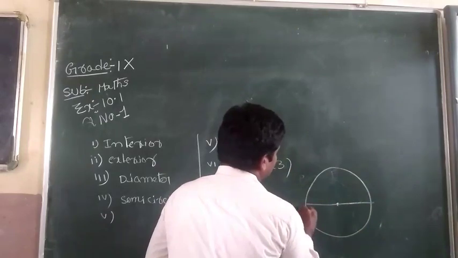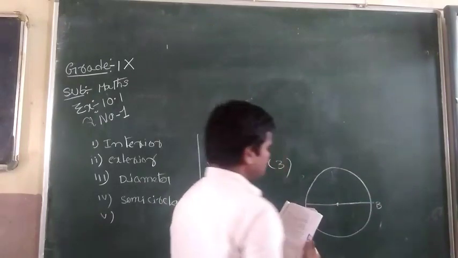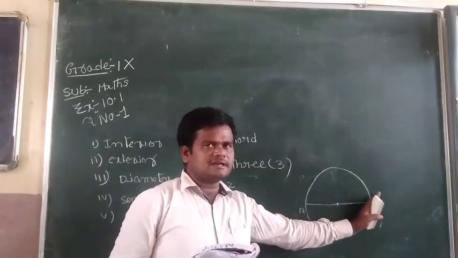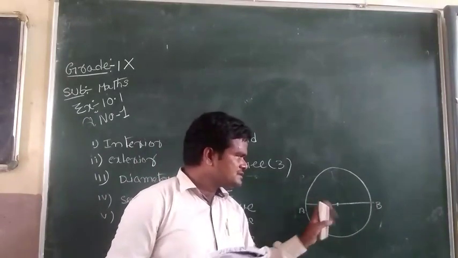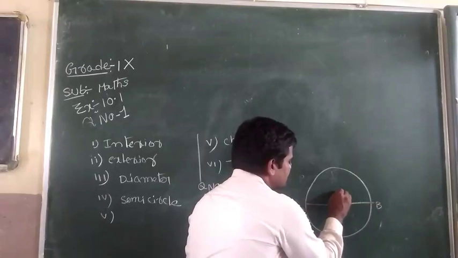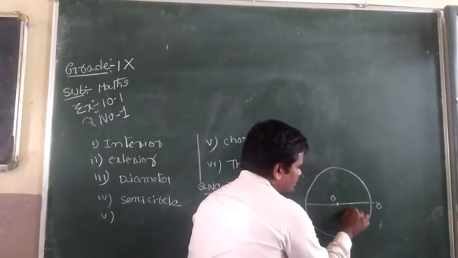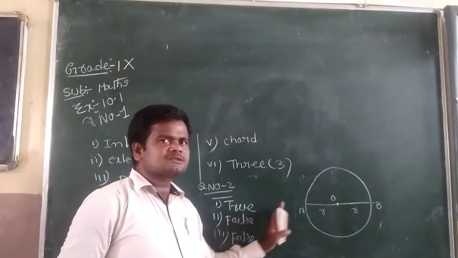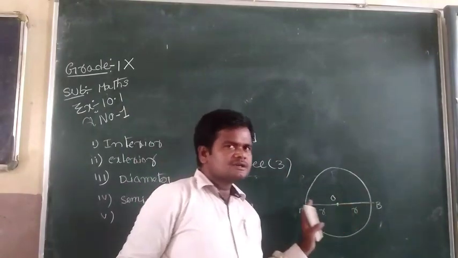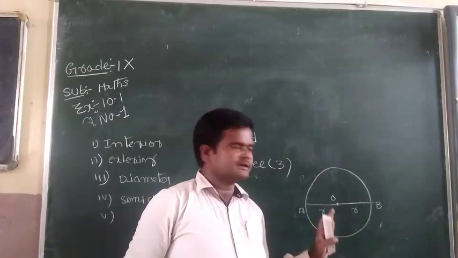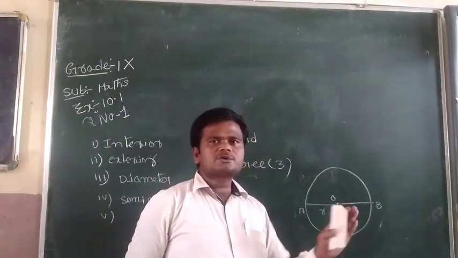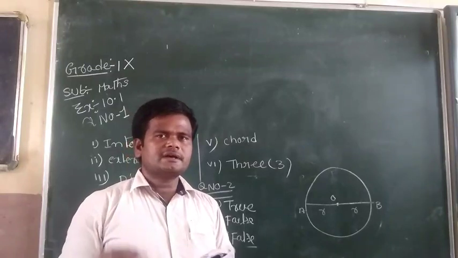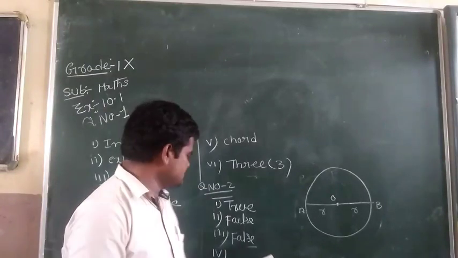This chord is passing through the center of the circle. So OB equals R and OA equals R. A chord passing through the center is called the diameter. The diameter is twice the radius. So it is true.